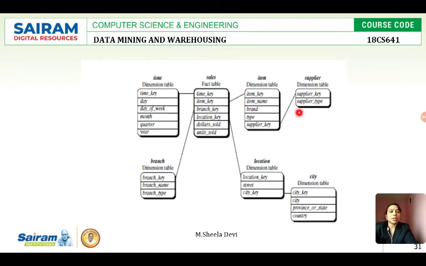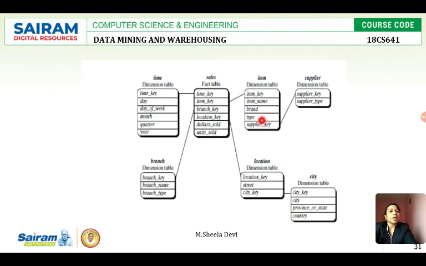For this supplier key, we have another dimension table which has its own attributes called supplier key and the supplier type. If I want, I can go with another dimension table with reference to the supplier type. I can name it the supplier type dimension table, and create its own attributes such as supplier type, supplier name, supplier location.